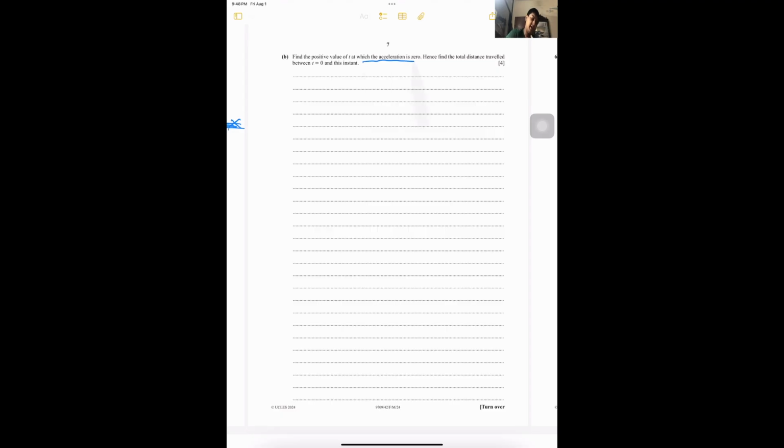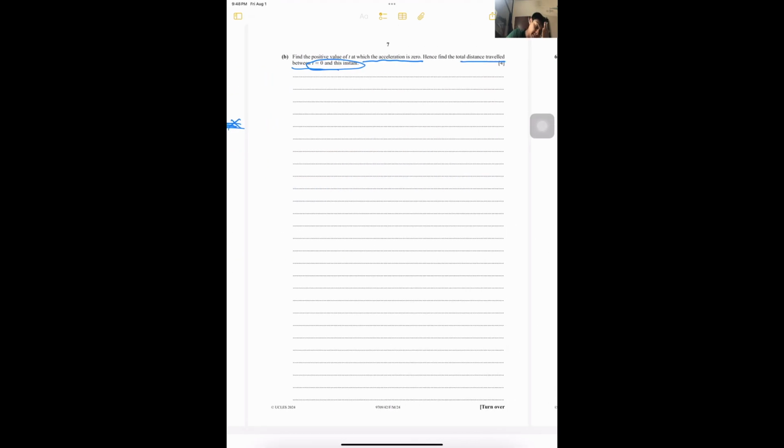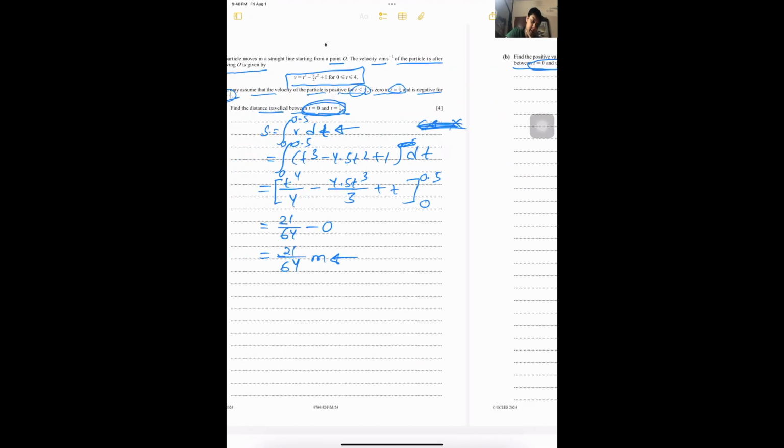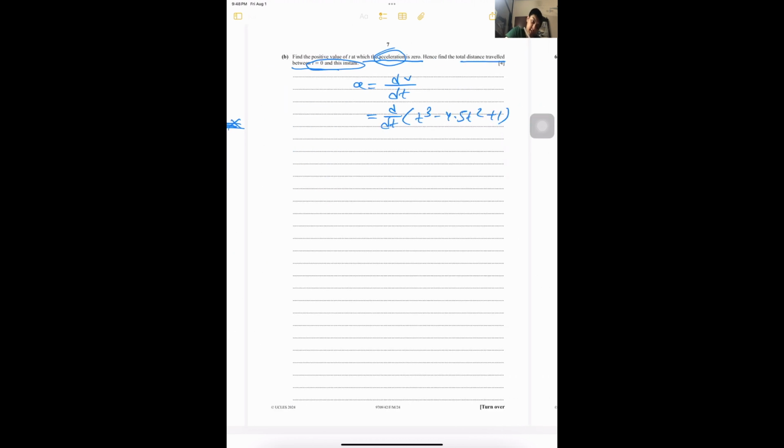Find the positive values of t at which the acceleration is 0, hence find the total distance traveled between them. As you can see in the question, we need to find the acceleration. Again, we write this line: a equals dv over dt, which is d by dt of t cubed minus 4.5 t squared plus 1, which is 3t squared minus 9t.